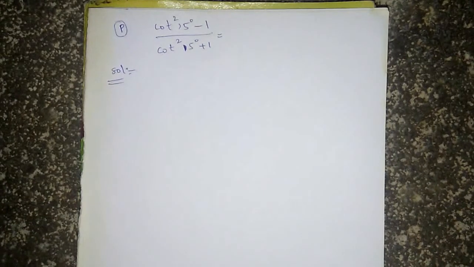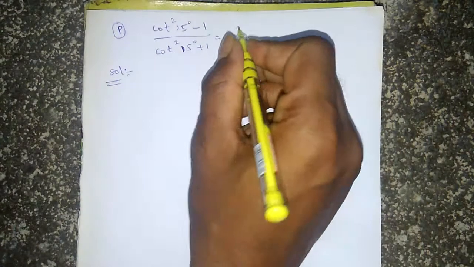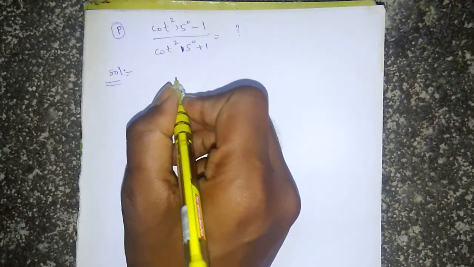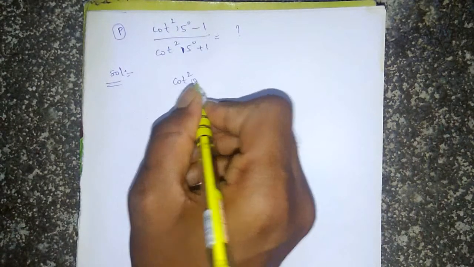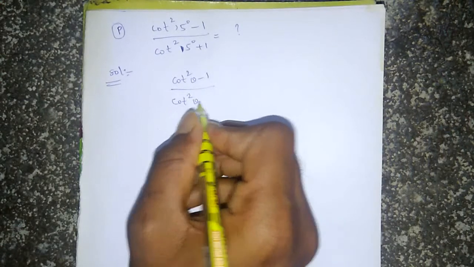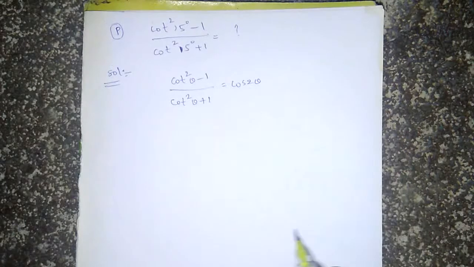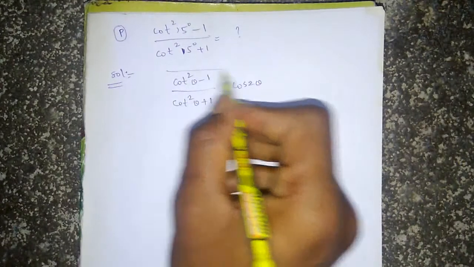So our next problem is cot square 15 degrees minus 1 by cot square 15 degrees plus 1 is equal to what? So we have a formula here, that is cot square theta minus 1 by cot square theta plus 1 is equal to cos 2 theta. Okay, this is the formula.